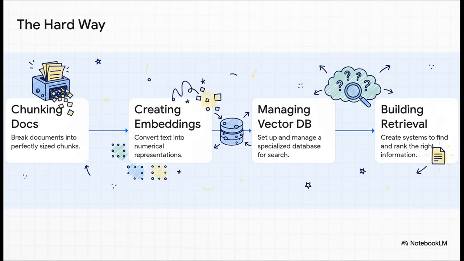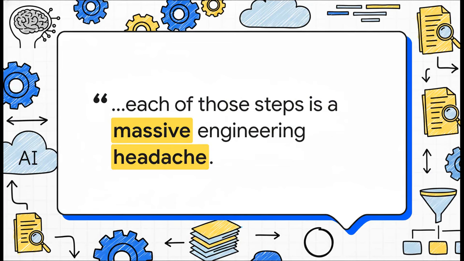And we're still not done. Finally, you have to build the complex retrieval and ranking systems to go find the exact right piece of information when a user asks a question. So the crucial point here is every single one of those steps is its own massive engineering headache. It's an infrastructure nightmare that has basically put up this huge wall, keeping this incredible technology out of reach for so many developers, at least until now.